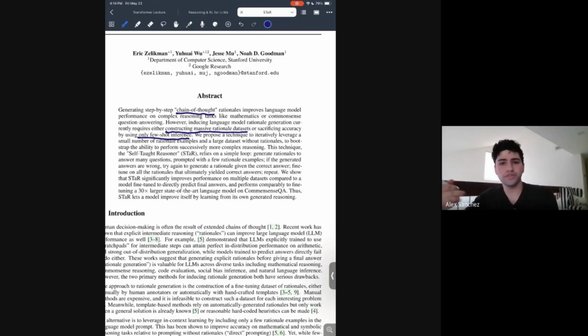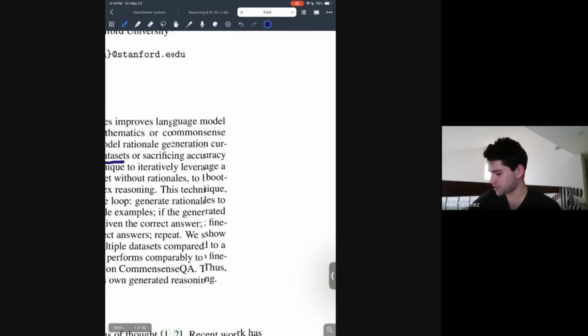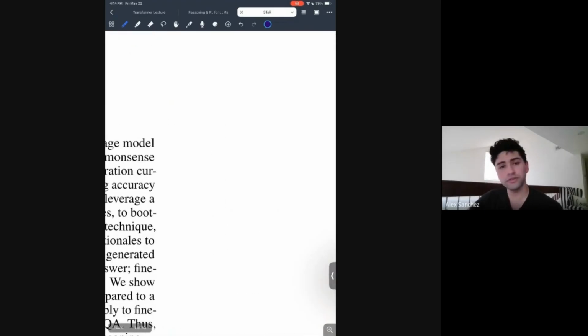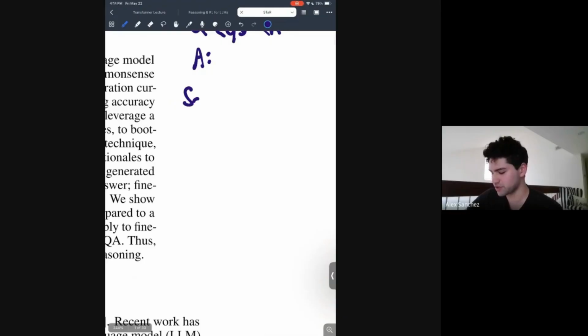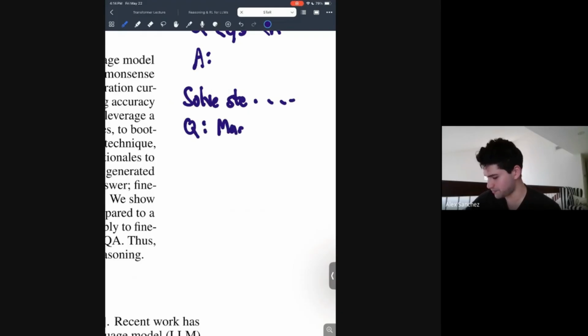Few-shot is when, inside the prompt, instead of just saying solve step by step, and then giving it the question and prompting it to answer, you say solve step by step, and then you give a couple of examples. So you give an example like Mary had 4 apples, she buys 3 more.